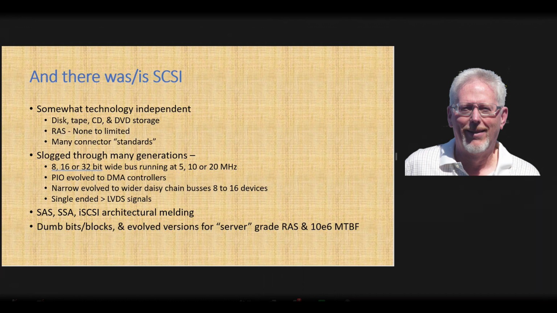It evolved over time from programmed I/O to DMA, and as I mentioned, the actual bits and nanoseconds of the bus signaling did change. As it evolved, of course, there was an architectural melding of various ideas. To probably some extent, the DEX storage interconnect influenced this a bit, and we evolved a bit from dumb bits and blocks into some server grade products.